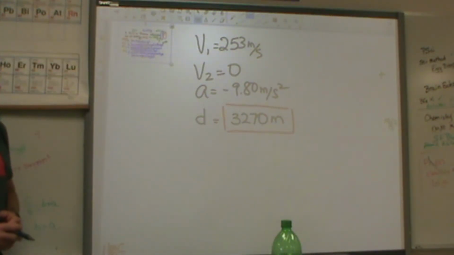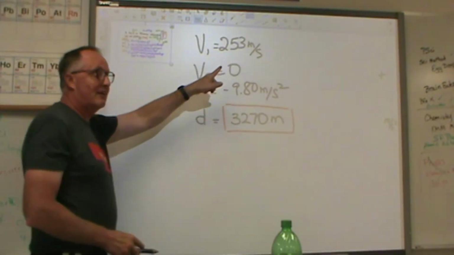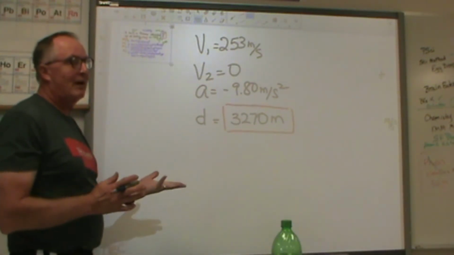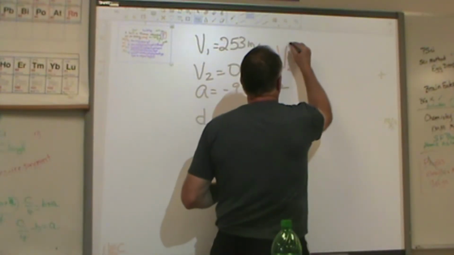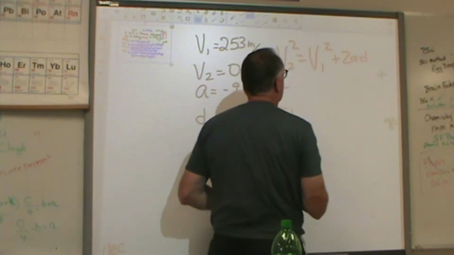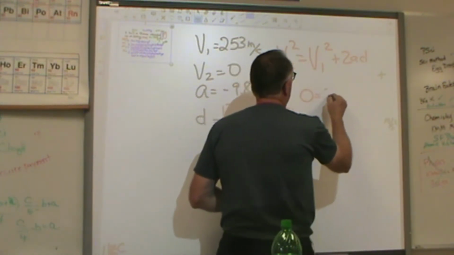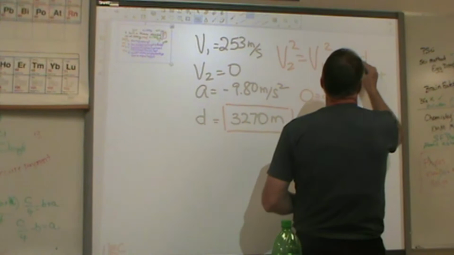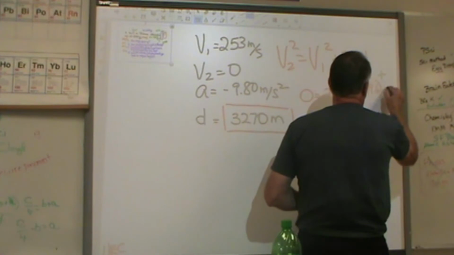So if your answer doesn't look right, like sending something at 253 meters per second and having it only go 12 meters, she knew that can't be right. Then look for the first thing. She used the formula V2 squared equals V1 squared plus 2ad, which, if you put the numbers in, V2 I know is 0, equals 253 squared plus 2a, which is going to be negative 19.6 d.